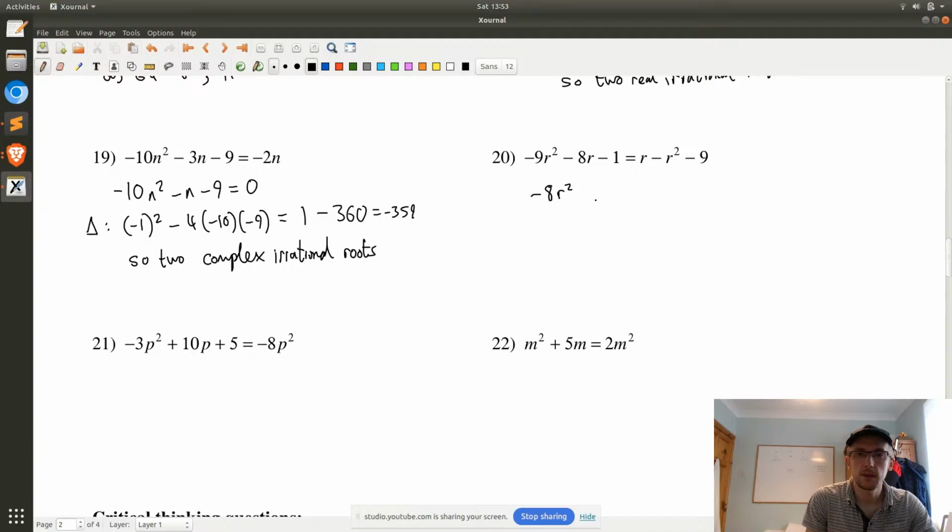Negative 8r squared plus 9r plus 8 equals 0. Apply the discriminant. Negative 9 squared minus 4 times negative 8 times 8 equals 81 plus 64 times 4, which is 256, which is 337.